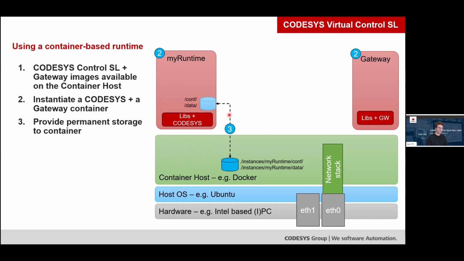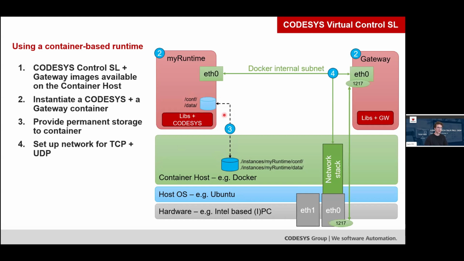Then we can configure the file system access. My runtime container, for example, will have access to a folder on the host to permanently store the information, because containers in their nature are very transient. If you store stuff in their file systems, there's a high chance it gets lost. And we don't want that with our controller data and config. So we store them in a host directory that's permanent.